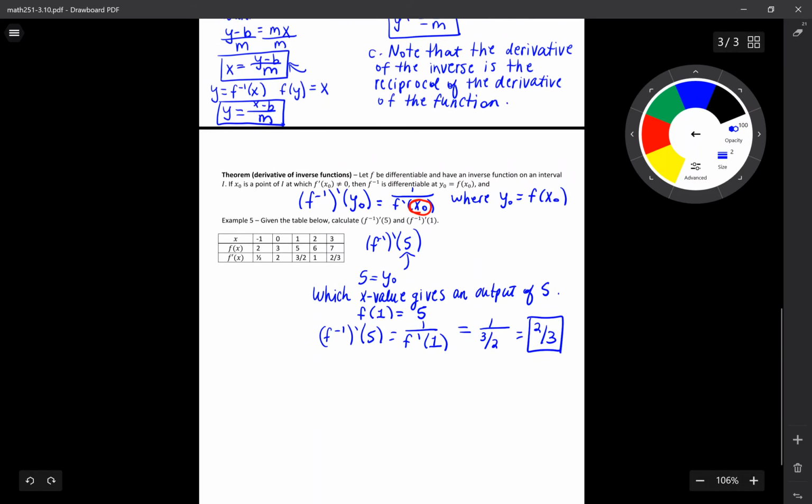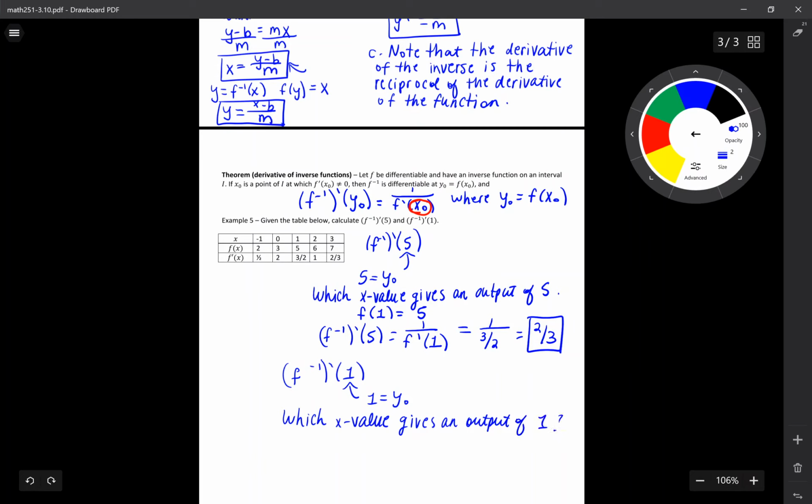Okay, and then I also want to solve for f inverse prime of 1. So here, this 1 is my y naught. So I need to say which x value gives an output of 1.